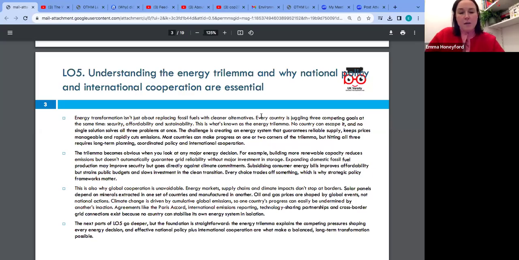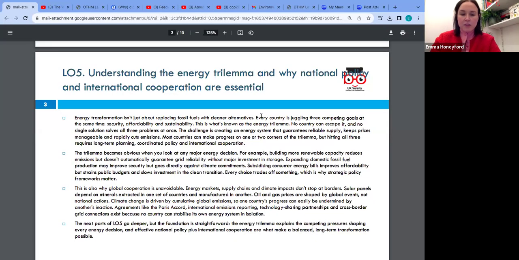Which is understandable, but that viewpoint can be a barrier for change also. Agreements like the Paris Accord, international emissions reporting, technology sharing partnerships and cross-border grid connections exist because no country can stabilise its own energy system in isolation. So it just shows the interconnected nature of the energy trilemma.